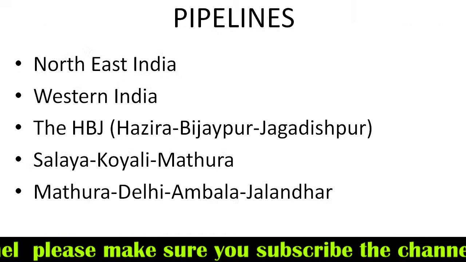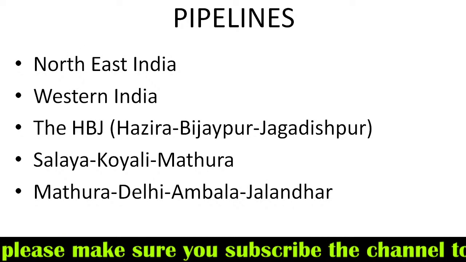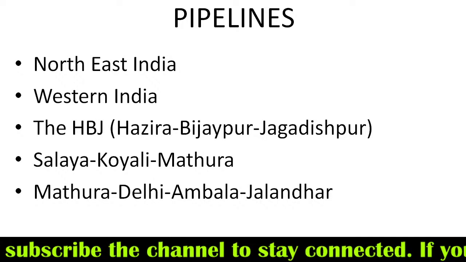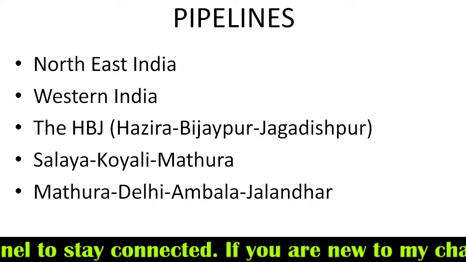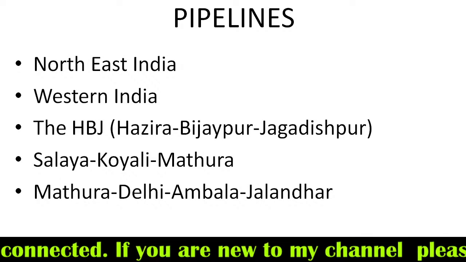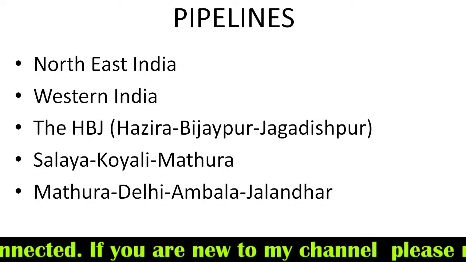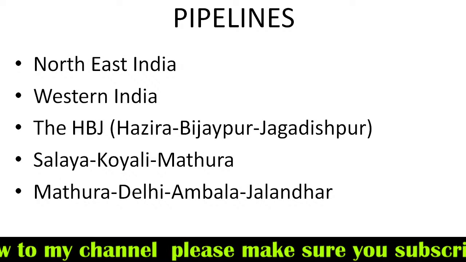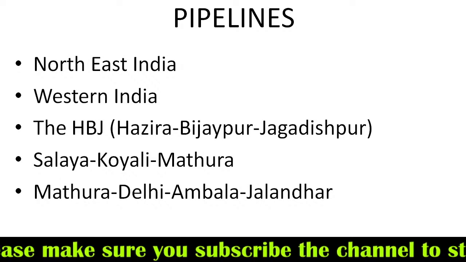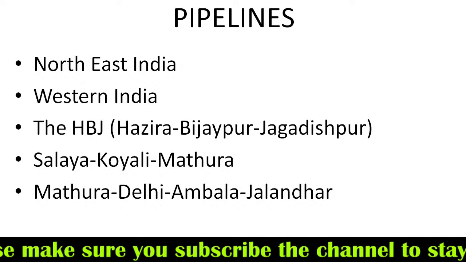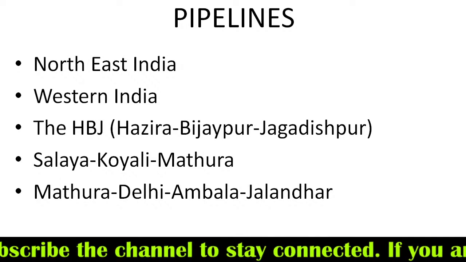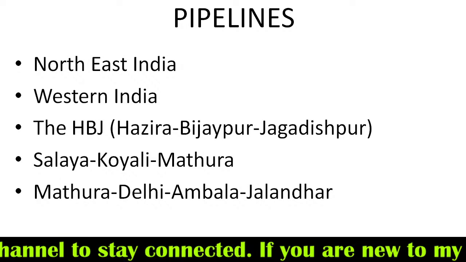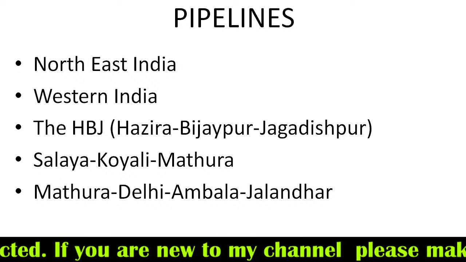Now we have to go through the important pipelines also. If you go by the pipelines, we have seen the development and expansion of pipelines as a means of transport in India.